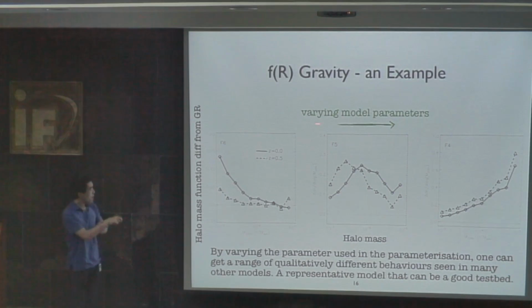Here I'm varying the parameter of this f(R) gravity model from this panel to this panel and to this panel. On the vertical axis, I'm showing the relative enhancement of the halo mass function as a function of halo mass at two different redshifts, redshift 0 for the solid line and redshift 0.5 for the dashed line. You can see that these three panels are the same model, but they look very qualitatively different.